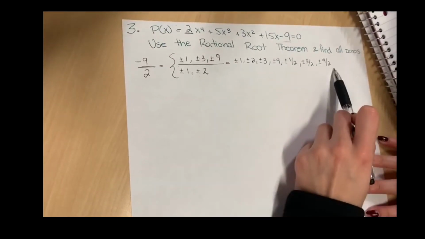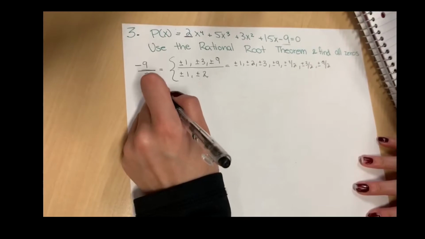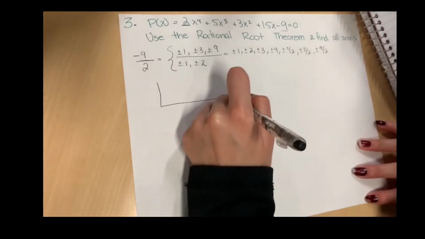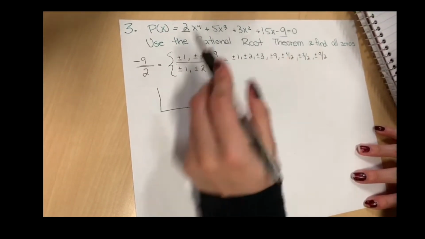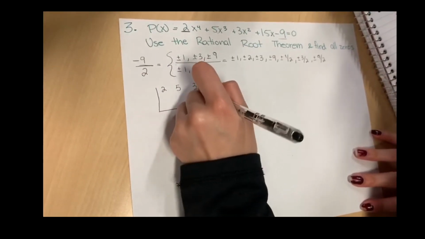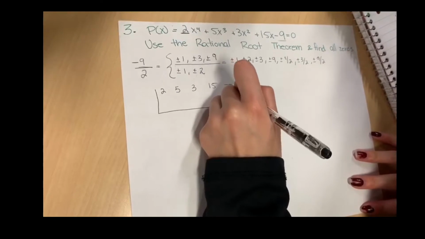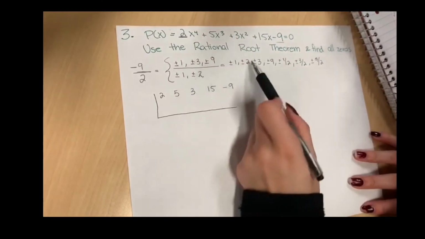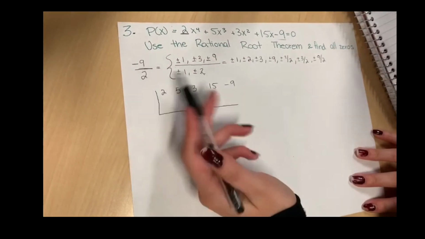So then we're going to have to try all those out, and this is how we're going to do it, using matrices. So for the plus or minus 1, we start with 2, 5, 3, 15, and negative 9, which of course we get from the function above.